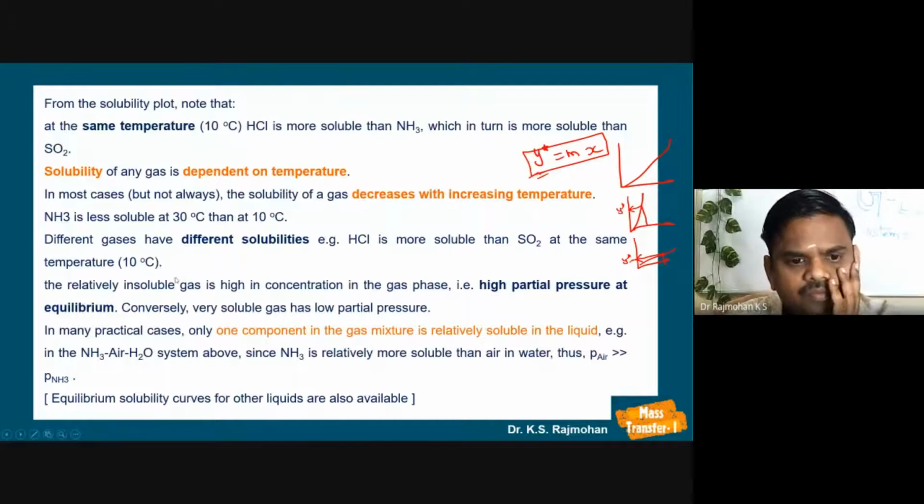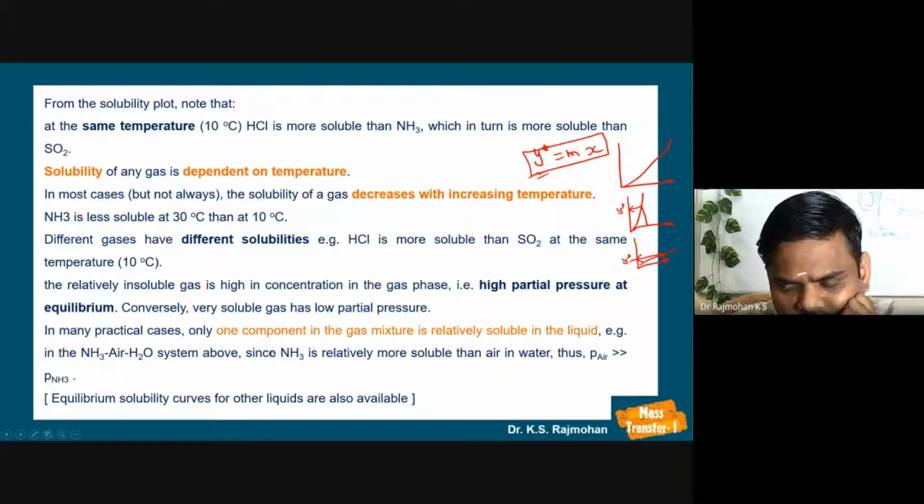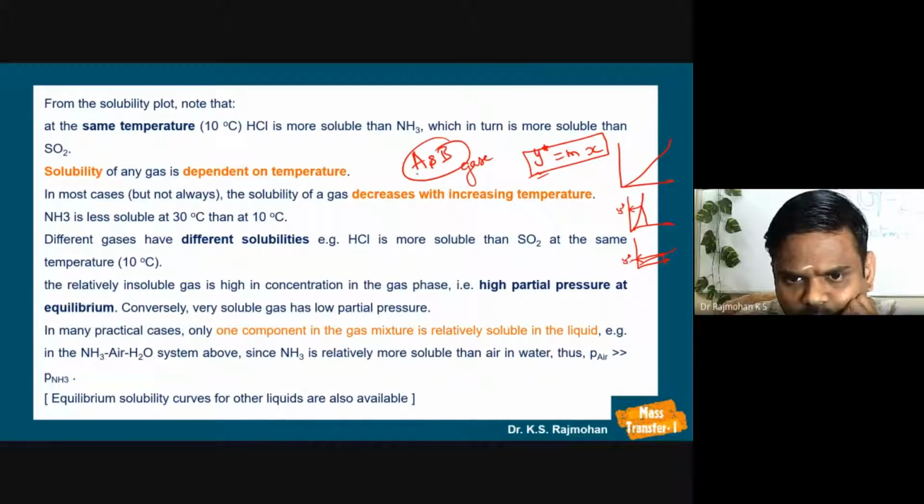The relatively insoluble gas is high in concentration in the gas phase, that is, high partial pressure at equilibrium. In many practical cases, whenever we consider a binary mixture of A and B gases, only one will be soluble.